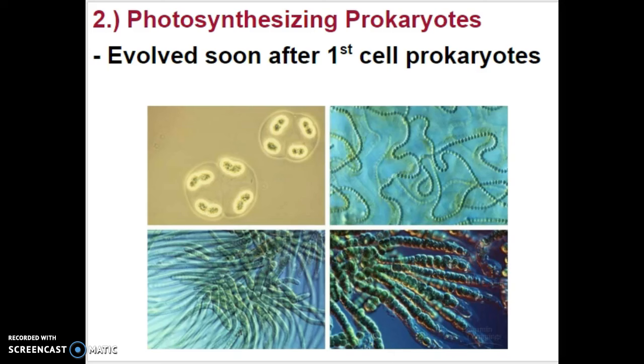And these are the buggers that gave us our atmosphere. You think, well, how much oxygen can one lowly little prokaryote put out? Well, not a lot, but if you get it together with billions upon billions upon billions of its buddies, and you let that process run for a few billion years, then you can start to build up your oxygen in the atmosphere.